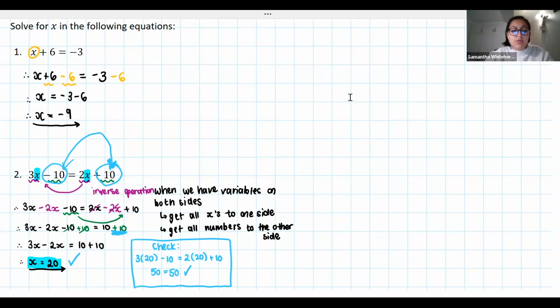So because I didn't move it at all, it doesn't change its sign. Signs only change when we move it over the equal sign. Oh, thank you, ma'am. Okay, so guys, that's really important to remember. The only time we change signs is when we're moving over the equal sign. All right, so when we're grouping those like terms on either side.